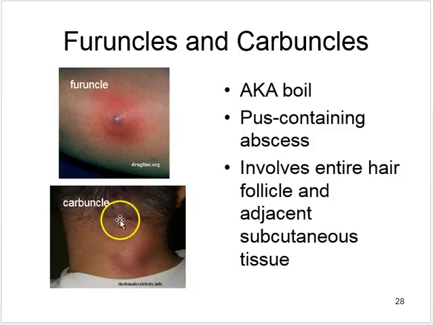And a carbuncle, which is this one, are several furuncles developing in adjoining hair follicles with multiple draining sinuses. Deep-seated pyogenic infection of the skin and subcutaneous tissues, usually arising in several contiguous hair follicles, which means several that are together.